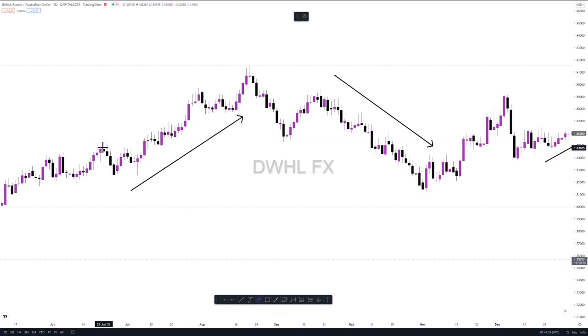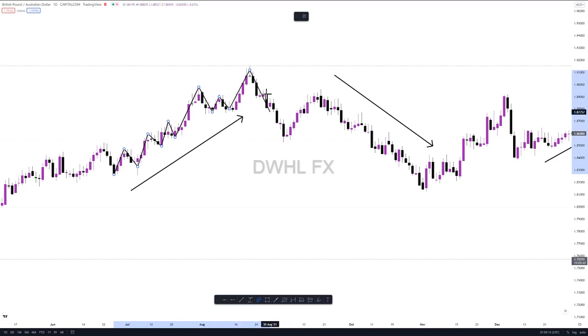So first of all, price moves from a low to a higher high, a higher low, higher high, higher low, higher high, higher low, higher high, higher low, higher high, break of structure to create from a high to a what.